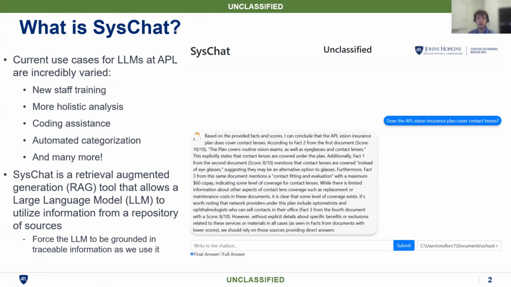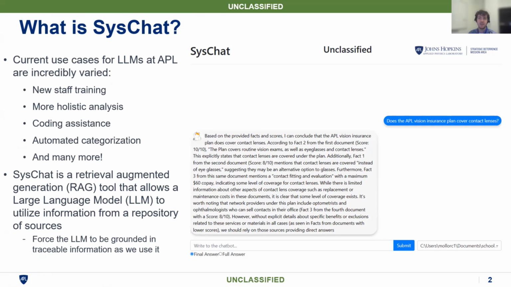So people are interested in knowledge transfer kind of use cases, allowing for more holistic analysis, bringing text data into the analyses we do whenever possible. Data fusion, basically with things such as sensor data and more quantitative types of data, along with things such as coding assistance, automated categorization for things such as labeling training data, and many more.